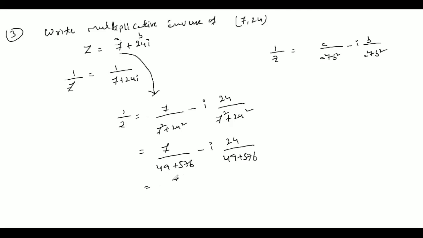When you add 49 plus 576, that becomes 625. So it is 7 by 625 minus i into 24 by 625. This is the multiplicative inverse of the complex number.